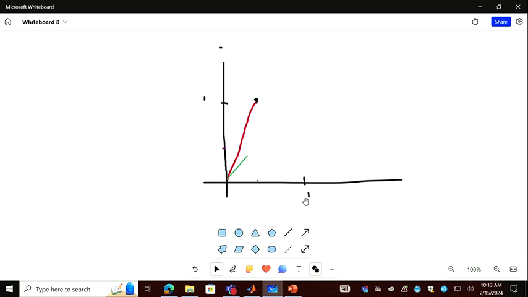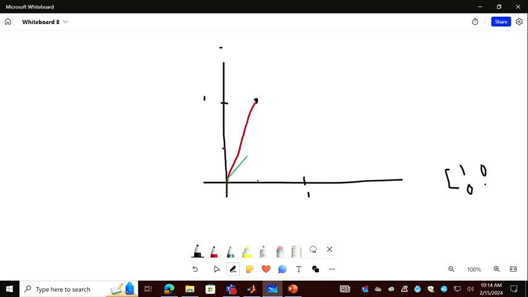For the current a, my x-axis is 1, 0, right? My current x is 1, 0. My y is 0, 1. So this is my current coordinate system.